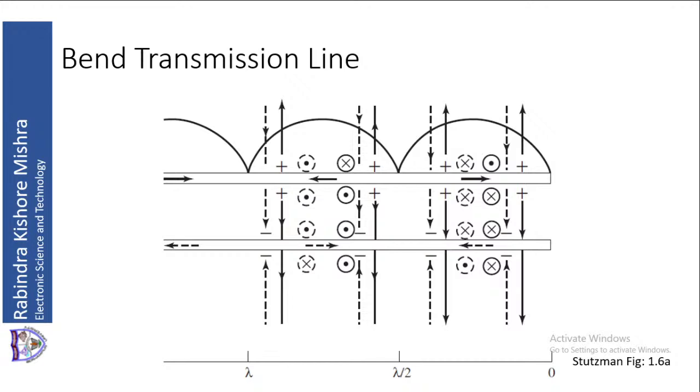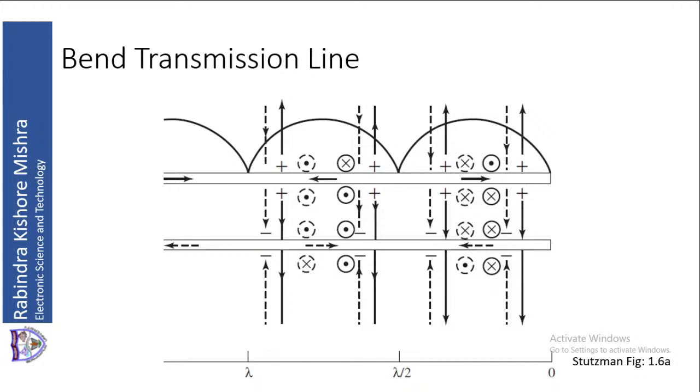Similarly, a dot at the top becomes a cross at the bottom. If you look at the outside portion, not the inside; the inside portion we do not worry about, because there is a small distance between the two wires, so the electric field is held tight there and is not going away from the inside of the wires.